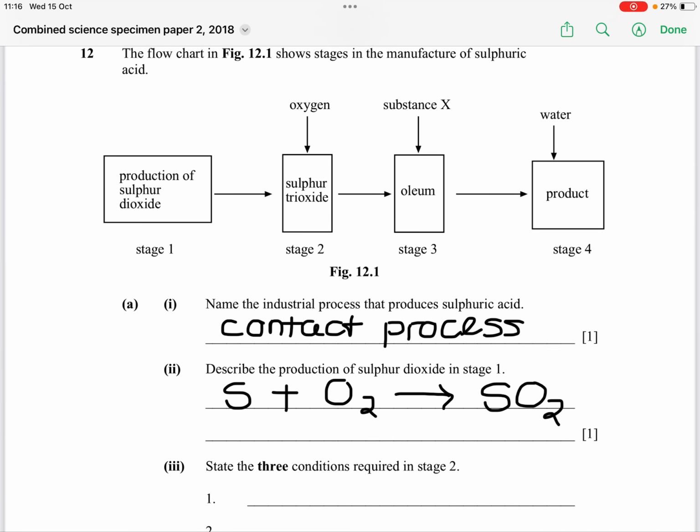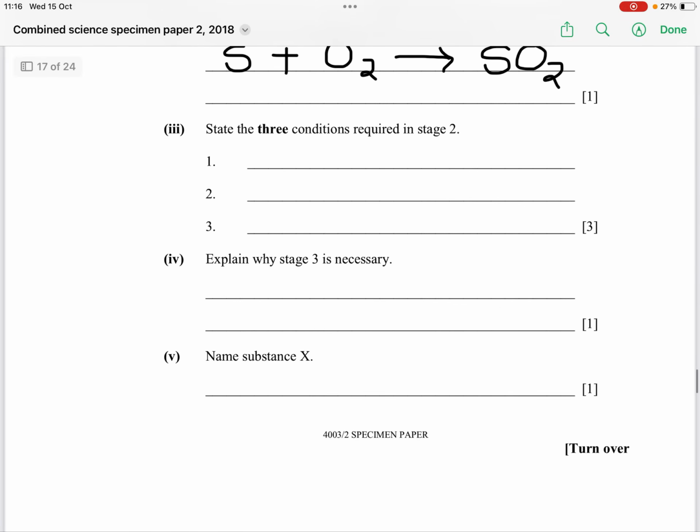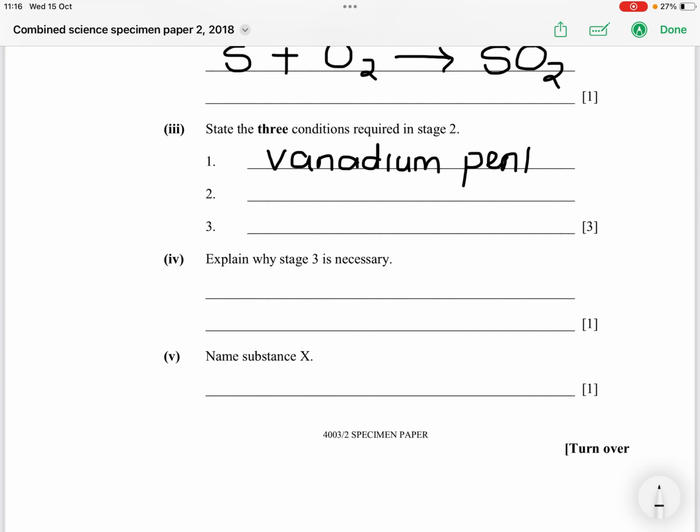And then next we are required to state the 3 conditions that are required in stage 2. Stage 2 is the conversion of sulfur dioxide to sulfur trioxide. So the 3 conditions for this stage: we need vanadium pentoxide, which acts as the catalyst.